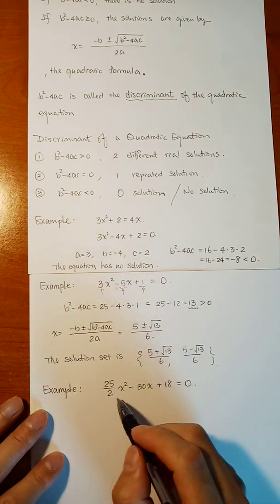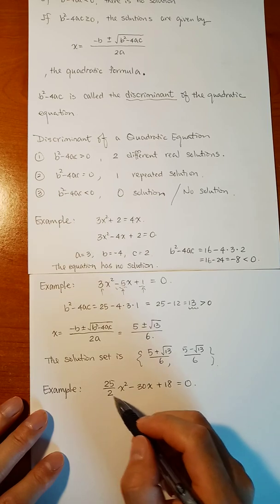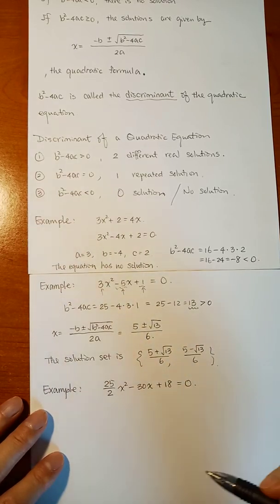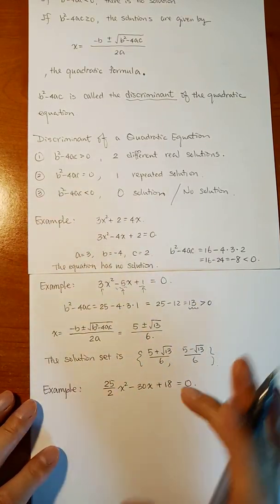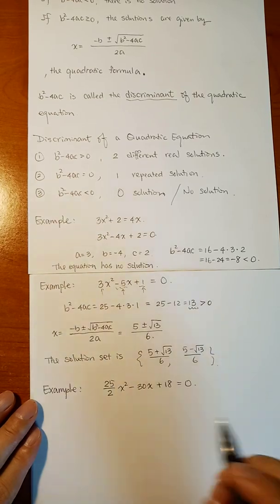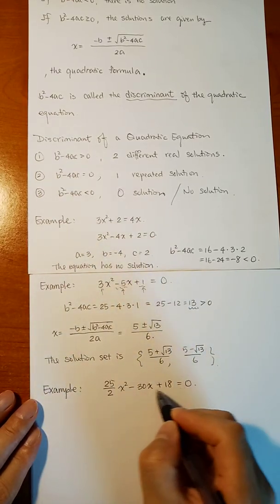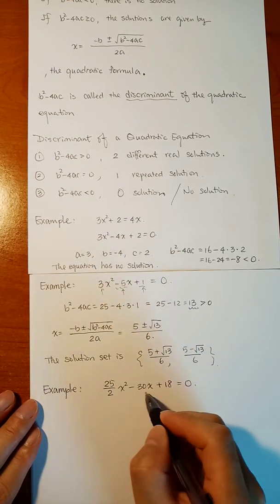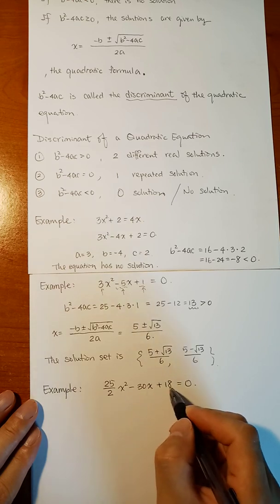We can start from this original form, determine a, b, c, and compute the discriminant. Let's do it in the original way first. With these original numbers, a is 25 over 2, b is negative 30, c is 18.